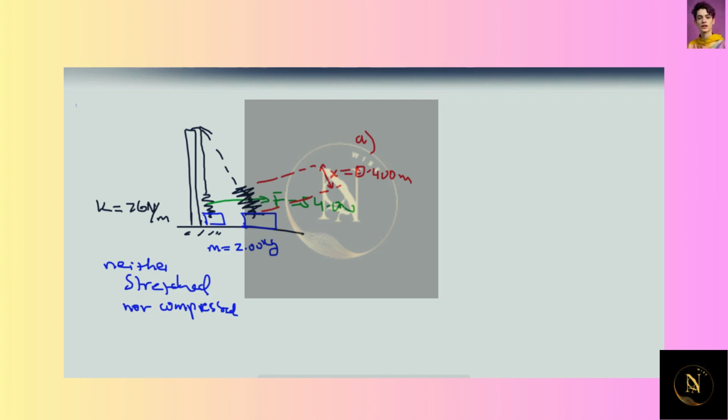That's the scenario we have for the block, and we want to find the velocity. We want to find the speed of the block when it's being stretched that way. So we want to find this velocity. The block is moving towards the right. Okay, what's that velocity?